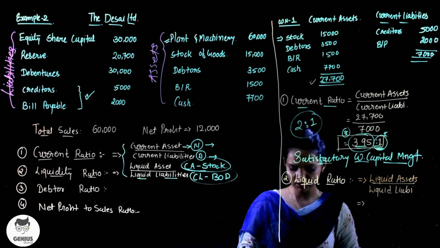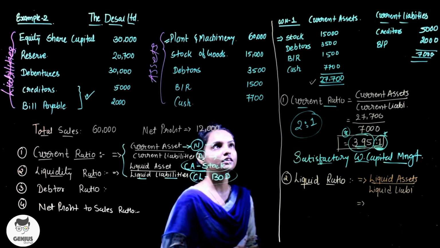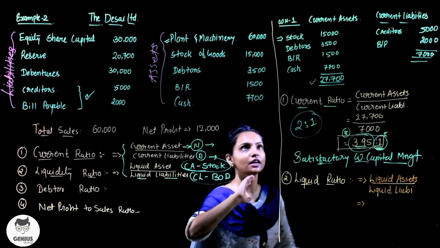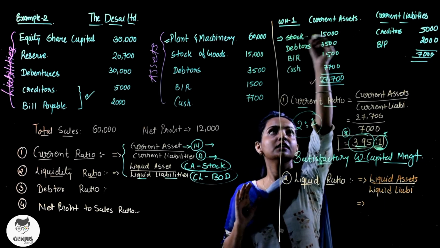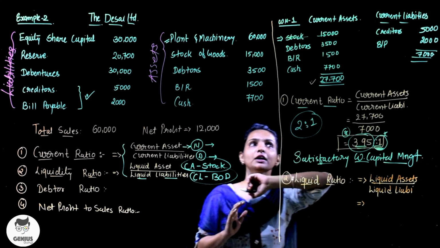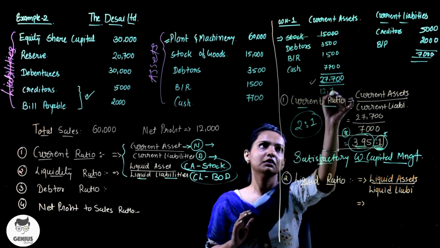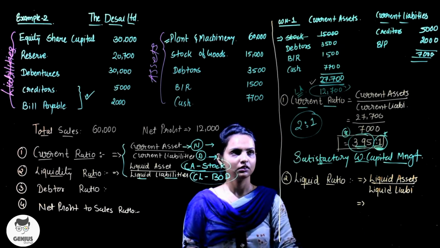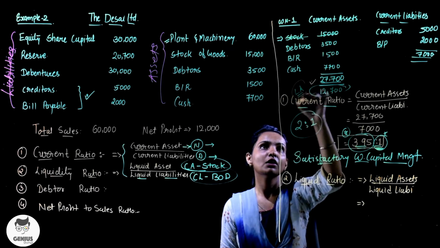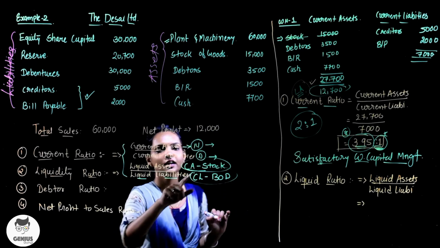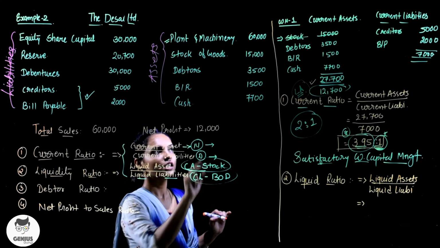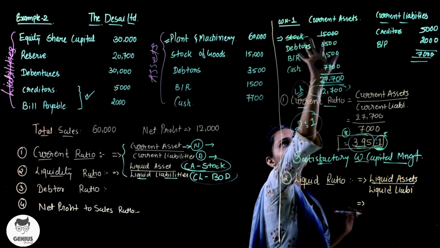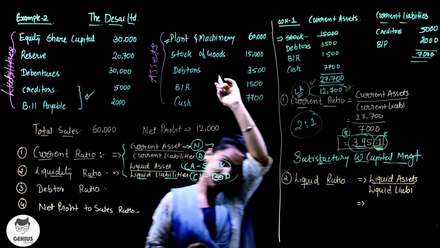Now, what is the sum of liquid assets? We have summed up every current asset, but if I deduct stock, I will cancel this. What will be my total? That will be your liquid asset, because this is the formula of liquid assets: current assets minus stock. If I deduct 15,000 from 27,700, I will get 12,700.